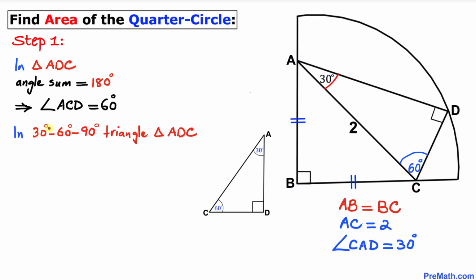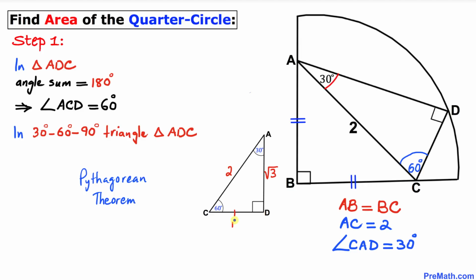And now let's focus on this 30, 60, 90 degree triangle ADC, which I have just put down right over here. In such a triangle, always remember the longest leg is twice as much as the smallest leg. If the smallest leg is 1, then the largest leg has got to be 2, and the third leg is going to be square root of 3.